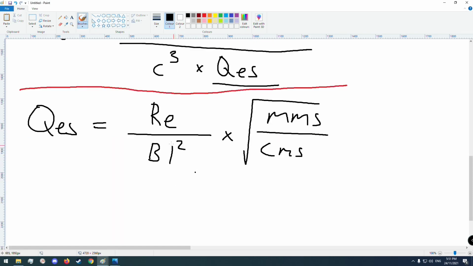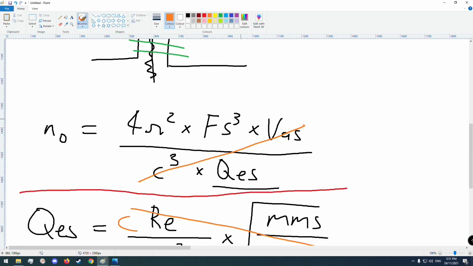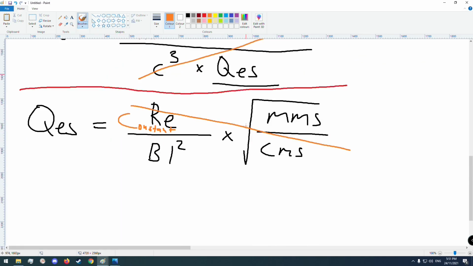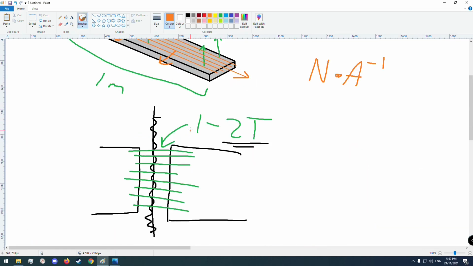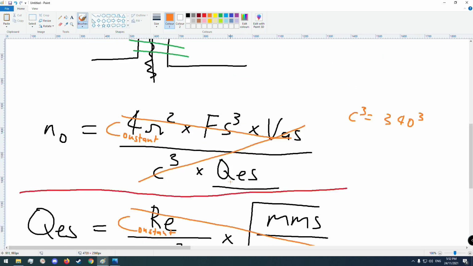Well, for the sake of simplicity, we get to just call this a constant, and I'm also going to call all this a constant, and we can see what happens when, for example, we take a standard speaker and replace its ferrite magnet with a neodymium magnet with twice the strength.